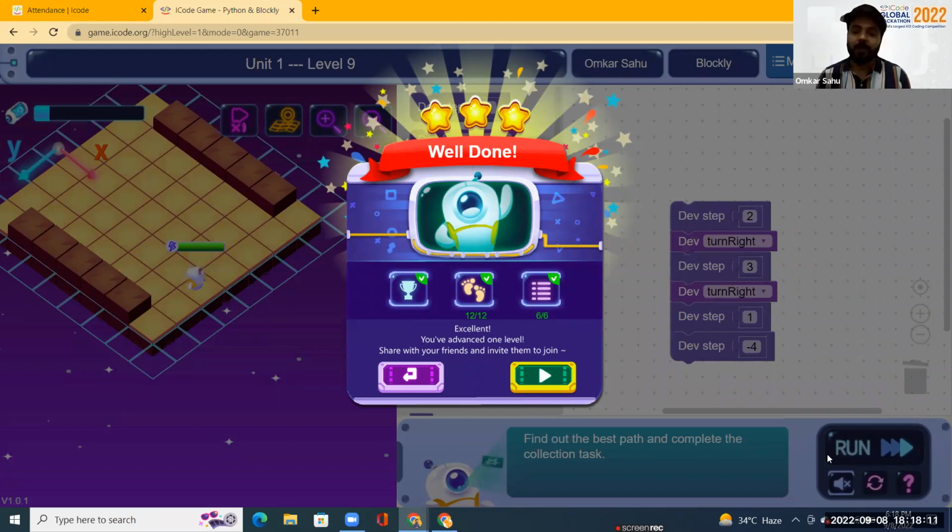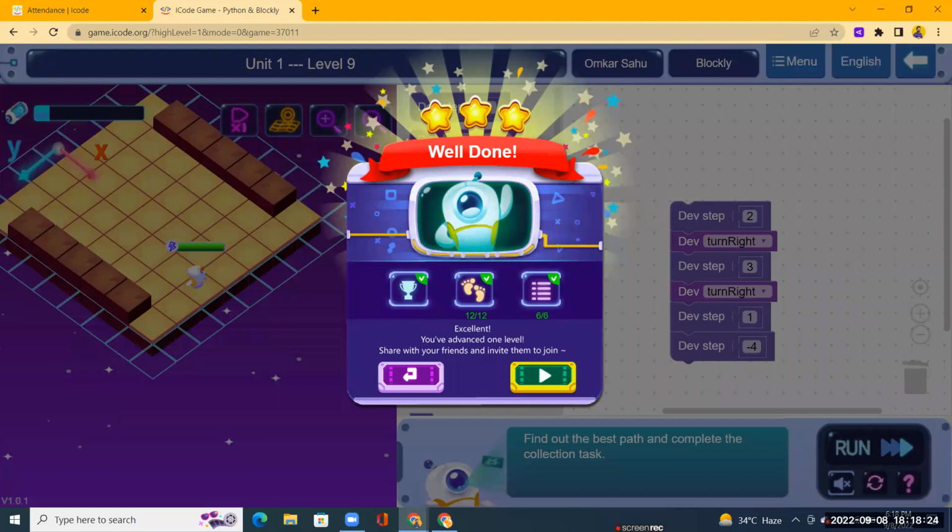Okay, so I'll be giving you 30 seconds to solve this level. Quickly do it and then we will be moving ahead. Please go ahead, everyone. Try your hands on it. I'll be waiting for you. Please solve the level.